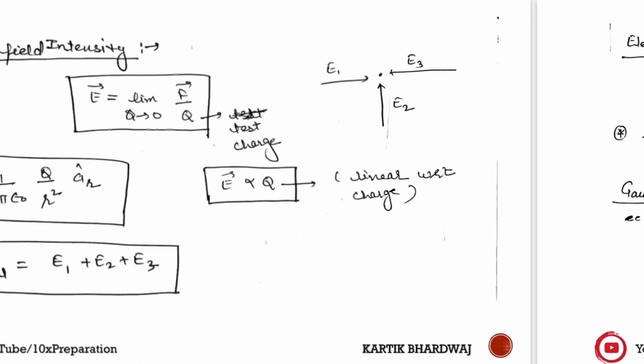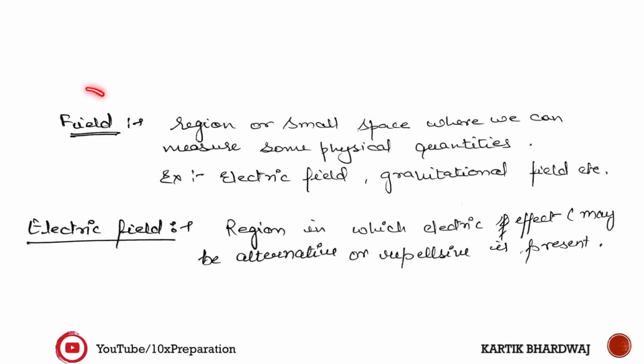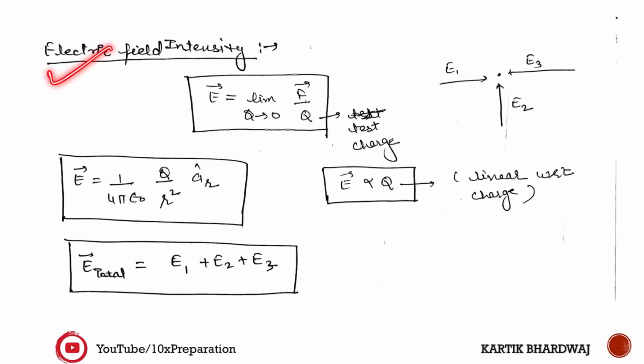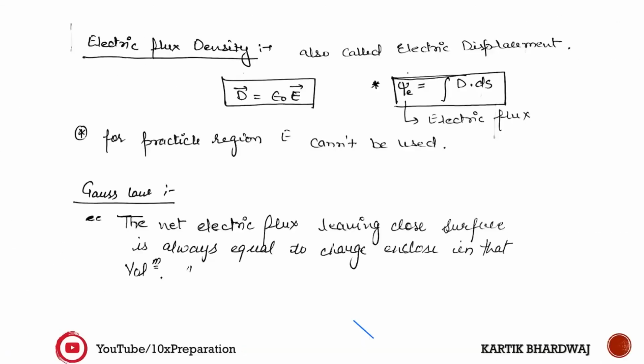Okay, so just a summary of this: what the field is, we will understand from this. And how the electric field intensity is calculated with the help of Coulomb's law, we can consider this way. And what the electric flux density is and how it is associated with the electric field intensity. Why are we using it? Because in practice it is quite easier to measure the electric flux density.